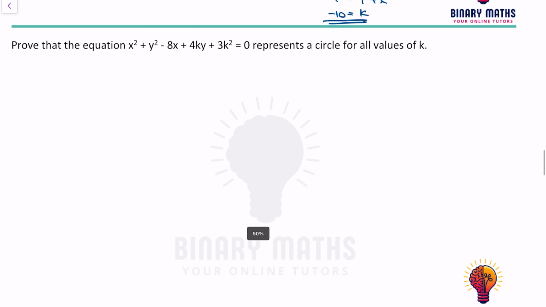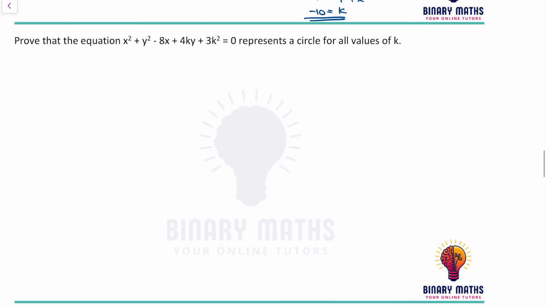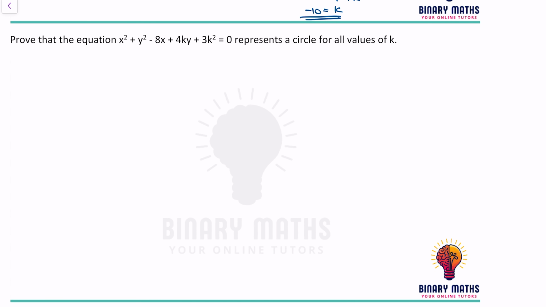Another example. Prove that the equation x² + y² - 8x + 4ky + 3k² = 0 represents a circle for all values of k. So let's collect the x's together and the y's together and the constant at the end.